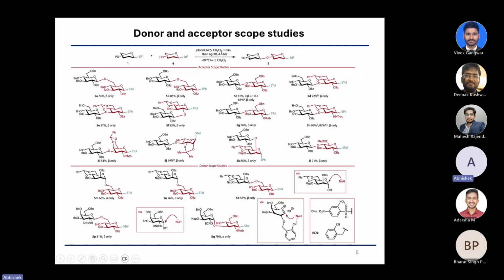In this case, the oxocarbenium ion is disfavored, that's why it goes by direct displacement SN2 reaction. However, in the 5Q case, this CN has hydrogen bonding with the acceptor. That's why an oxocarbenium ion will be formed, and the nucleophile is going to attack from the bottom side. That's why the alpha product is formed here.